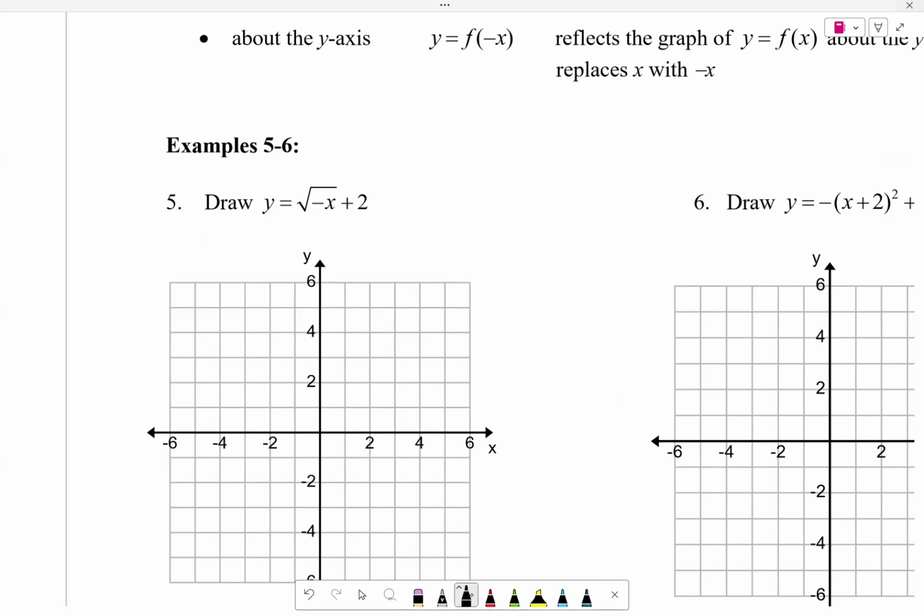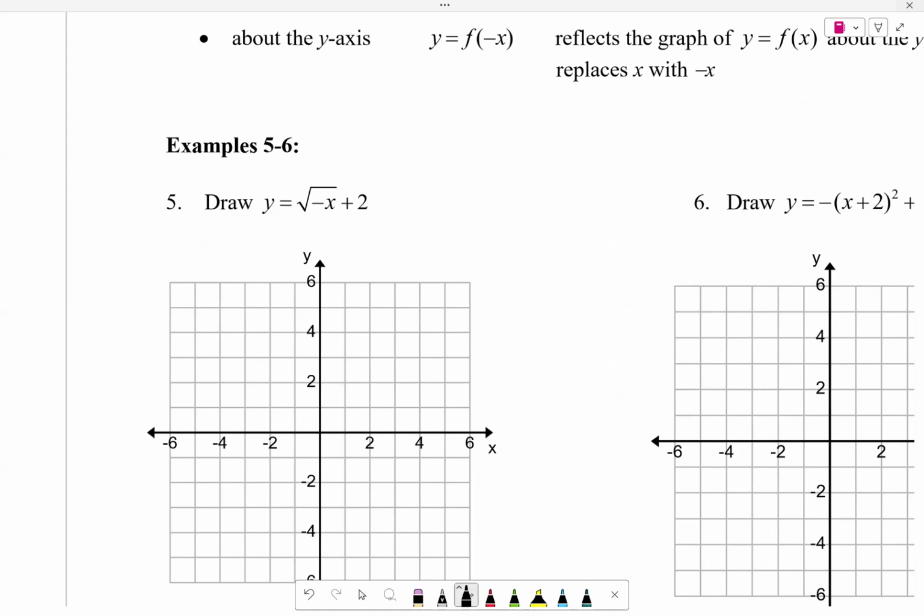Okay. So this negative is on the inside. So if you show me in gestures what that would do. On the inside, it's horizontal, so it's reflecting over the y-axis. And that 2 is on the outside, so it's going to move it up.